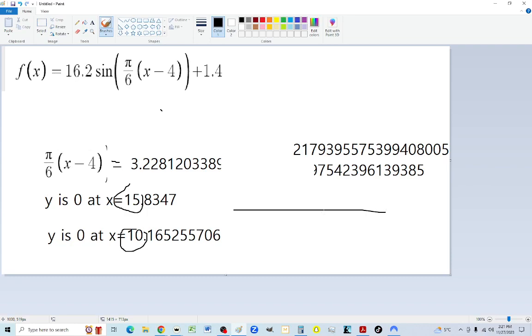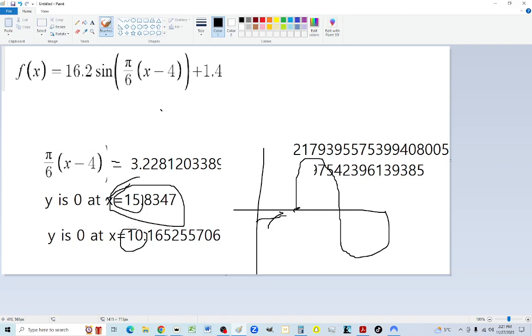The question is, if I look at 15 and 10, is it going up or is it going down? So remember that it's a sine curve. It's starting a bit over here. It's going up. Also remember that we're supposed to go from 0 to 12, and it looks like I've found 15 and 10, which doesn't quite work. So it looks like I found these ones over here instead of this one over here.